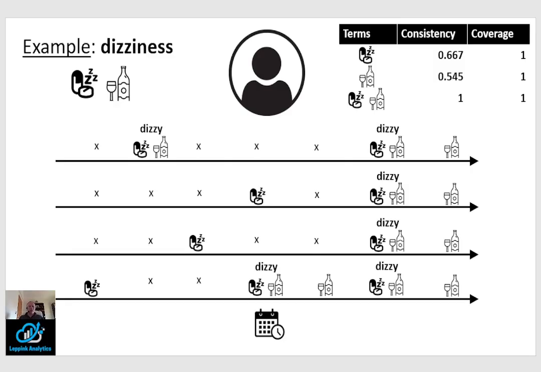However, when we take the combination of sleeping pill and alcohol, we get a consistency of 100%, hence 1. Why? Because in all 6 cases where dizziness was experienced by the patient when waking up, they had consumed both alcohol and a sleeping pill the night before.